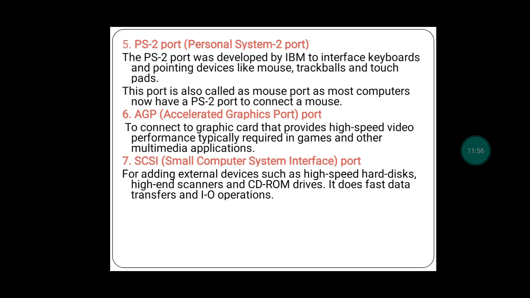This is one of the ports used to connect such high-speed devices to the computer system. Why are we connecting high-speed devices through this port? Because this port transfers the data in a faster manner. It does faster data transfers and input-output operations.